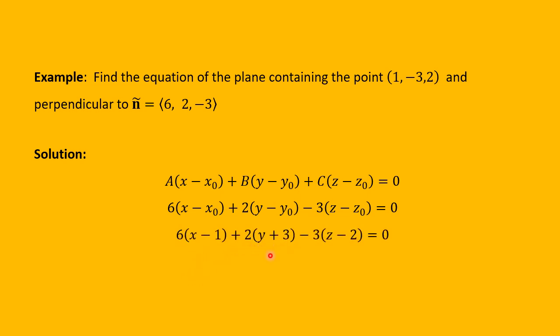This part right here will be y plus 3. And then here we'll have z minus 2. So we substitute in the values of a, b, and c, and also the values of x naught, y naught, and z naught into that equation. So here is the equation of that plane.